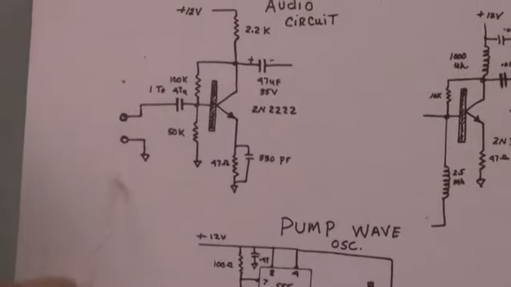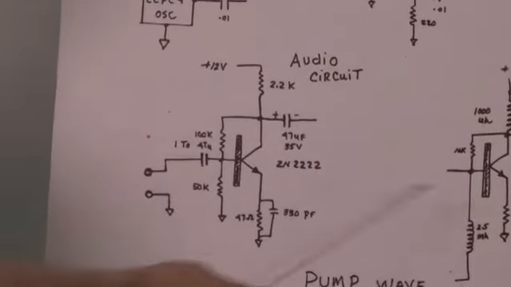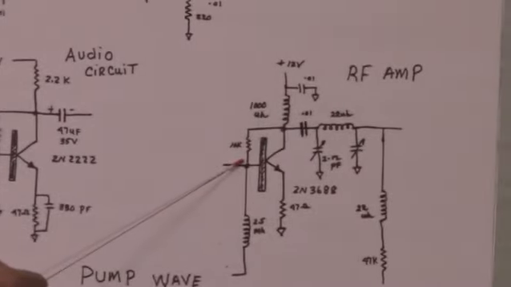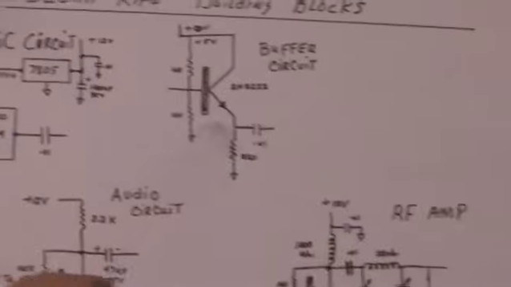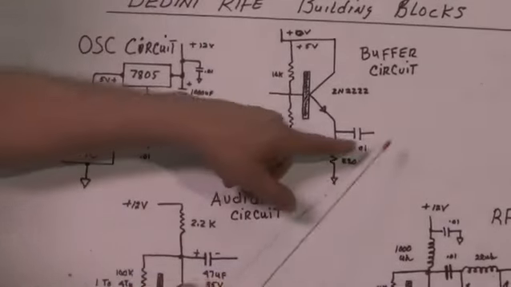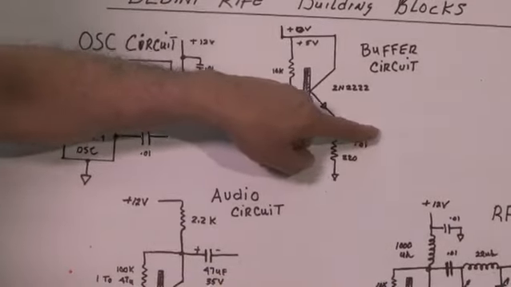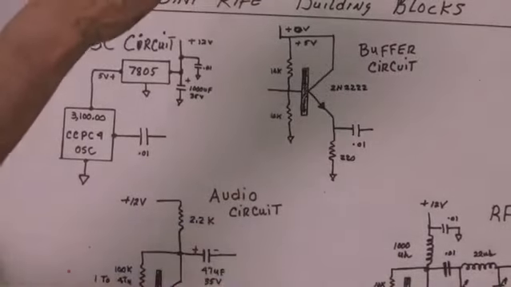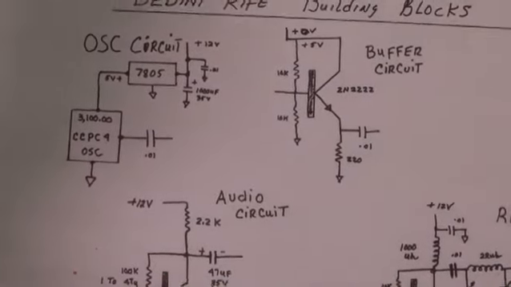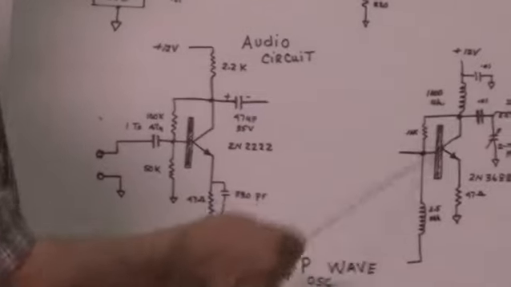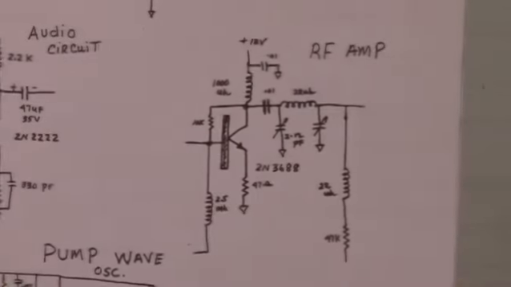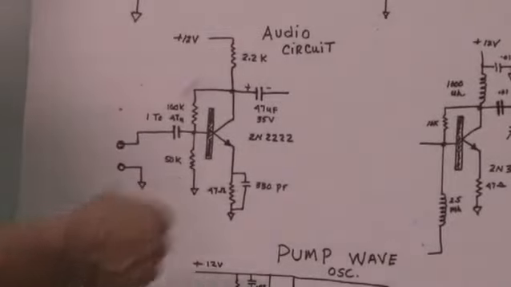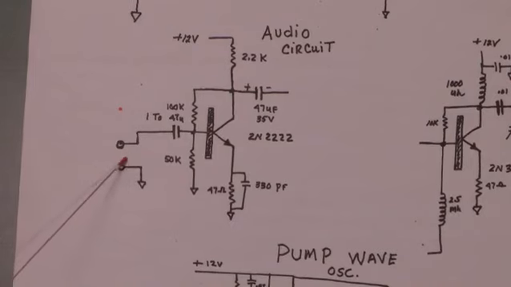So when you put the audio frequency in here, this gates this transistor, which puts a space in between what the oscillator is putting out from the buffer in here. So it's like it shorts it to ground for a minute and comes back. So this allows you to generate the sidebands. This is how you generate the sidebands, by putting the audio frequency in here.